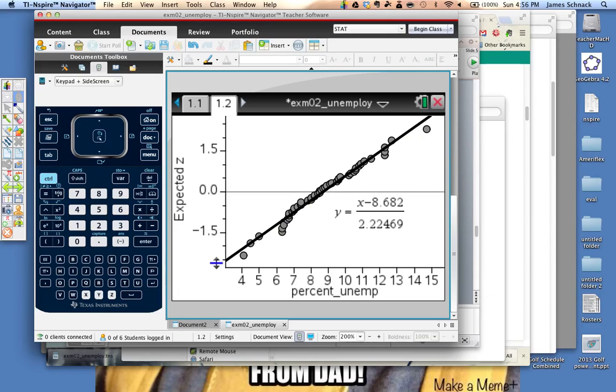They're following this line very, very closely, and because this normal probability plot is mostly linear in nature, we have established that our data is approximately normal. The closer the points are, the better the data fits a normal distribution.